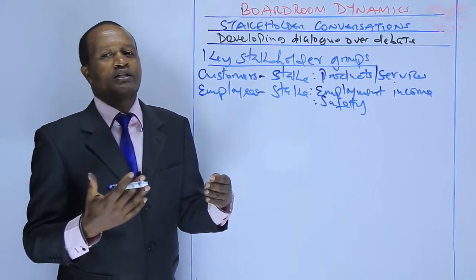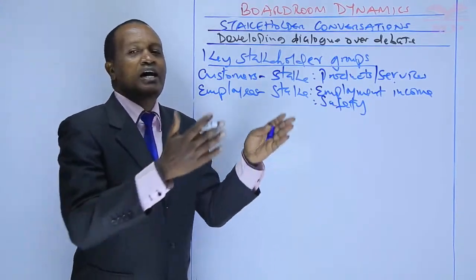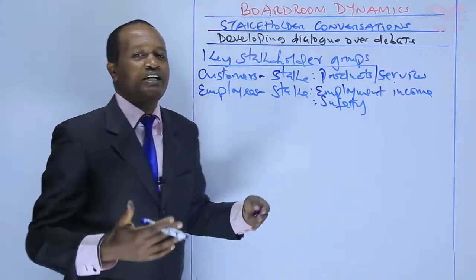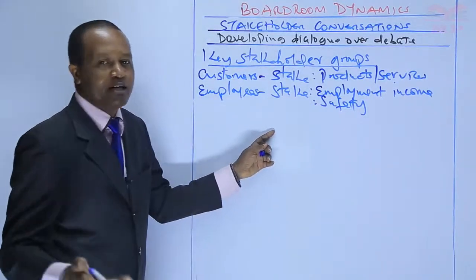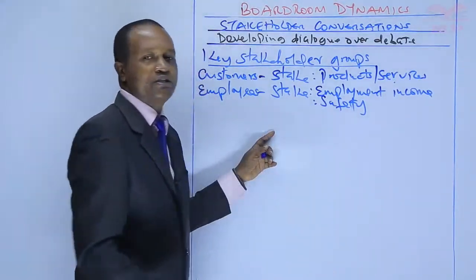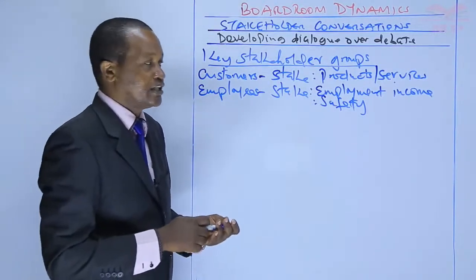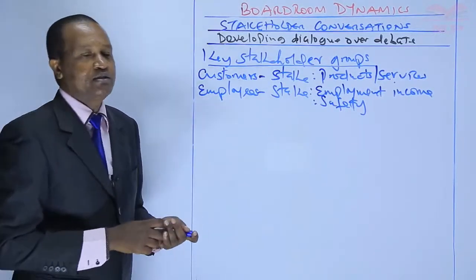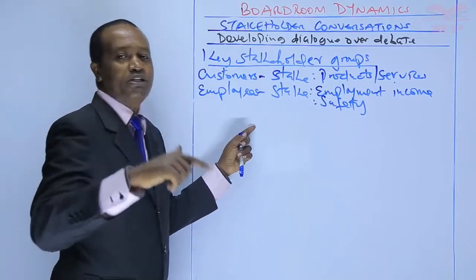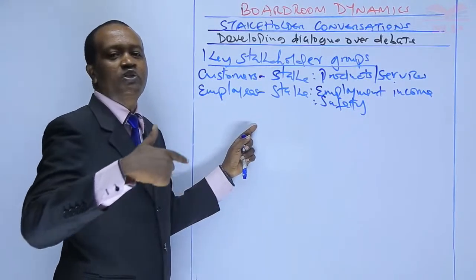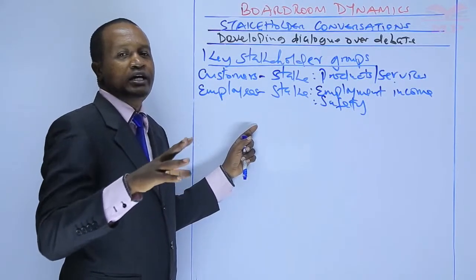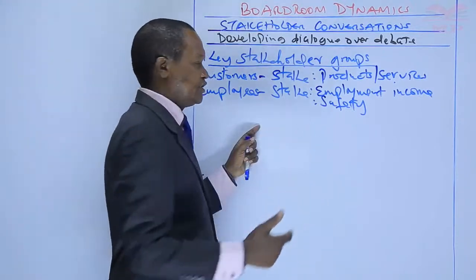All right? Employees have a direct stake in a company in that they earn income to support themselves, along with other benefits, which could be monetary or non-monetary. So depending on the nature of the business, employees may also have health and safety interest.